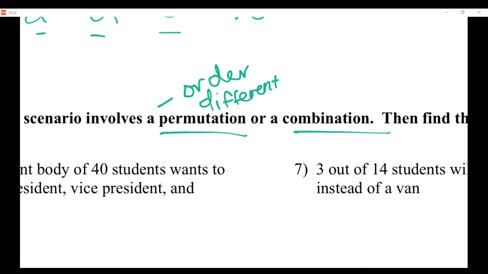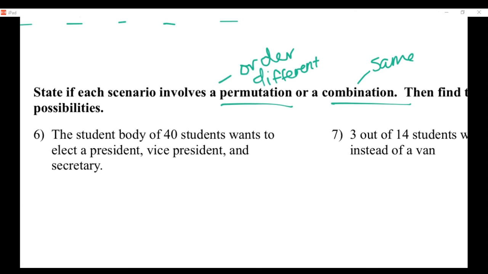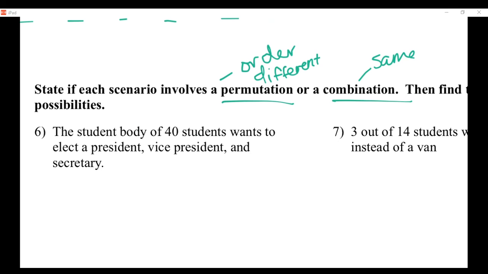If all the choices you make are different, then it's a permutation. If all the choices you make are the same, then it's a combination. For example, the student body of 40 students wants to elect a president, a vice president, and a secretary. Those are 3 different jobs, so that's going to be a P. The bigger number goes first. So I'm choosing out of 40 and I'm choosing 3 jobs.